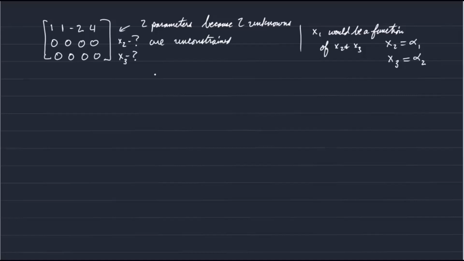So this would have a two parameter family of solutions. This is just another example of a matrix that would represent an infinite number of solutions. So now let's look at the last case of an inconsistent system.